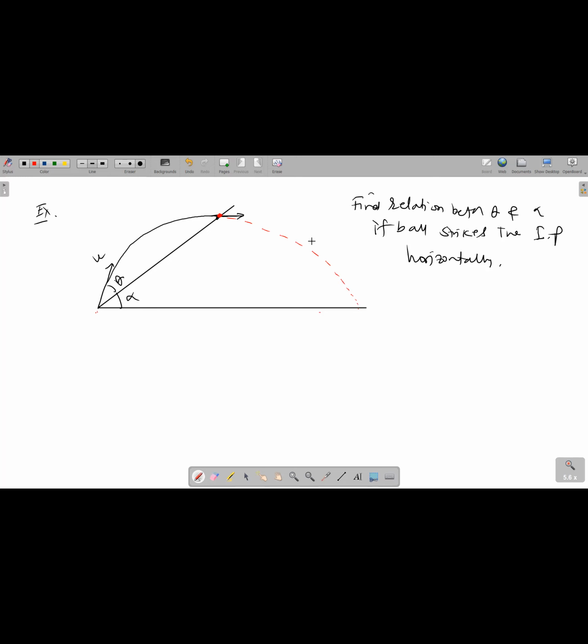So this would be the complete time of flight for ground to ground projection. And because we know that in ground to ground projection, at the maximum point only, velocity becomes horizontal, at this point velocity becomes horizontal. It means this should be the maximum point. So if this is the time of flight for ground to ground projection, then half of this would be the time taken by this particle to come from here to here.